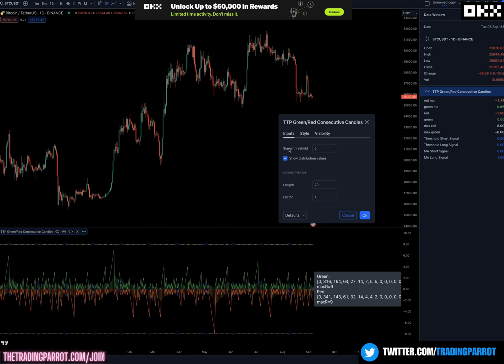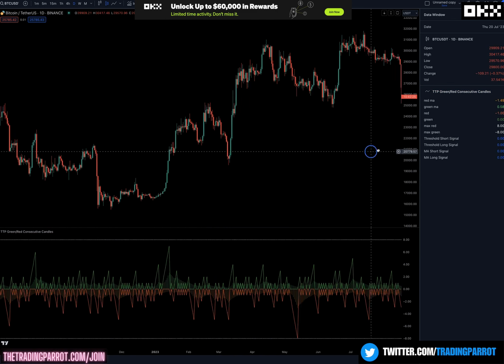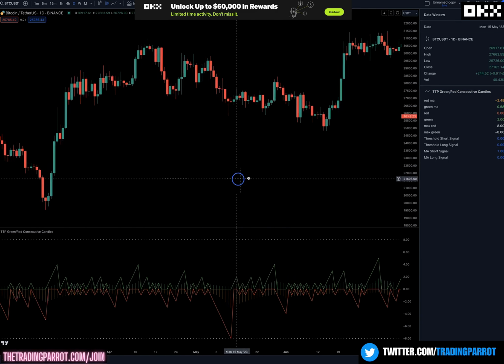The first signal is the signal threshold. If you put a 5 here, it means that either the counter of green consecutive bars or the counter of red consecutive bars, if it reaches 5 or more, is going to trigger a signal. So let me show this in an example.